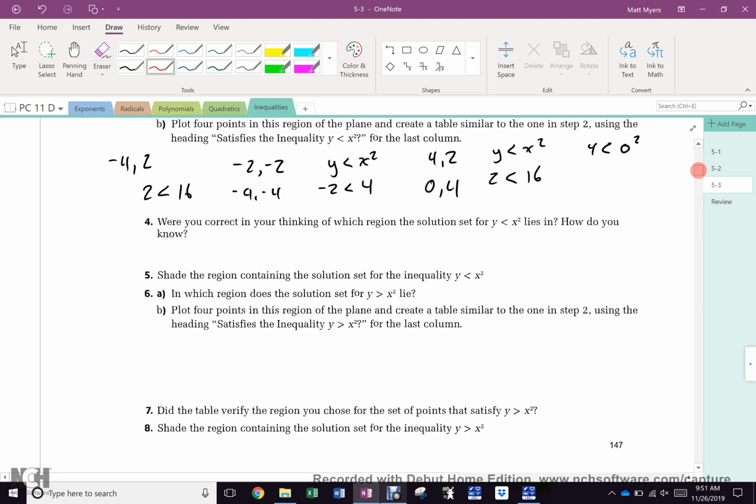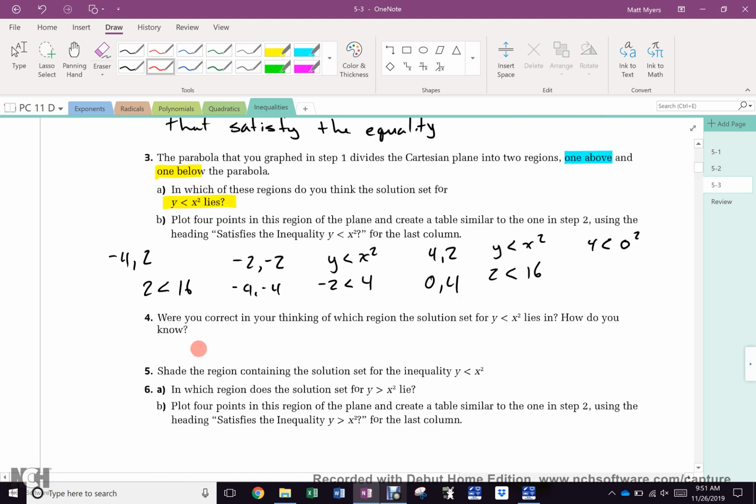Okay, now you're intelligent young people. We've proved this. Were we right in our thinking about the solution set? Ish, right? We were ish. So how did we know? Well, we were kind of right because some points worked.